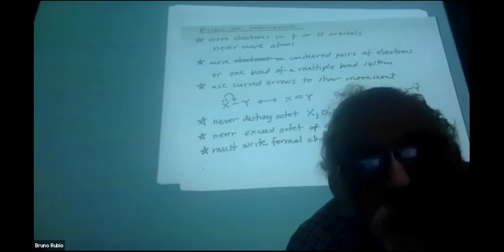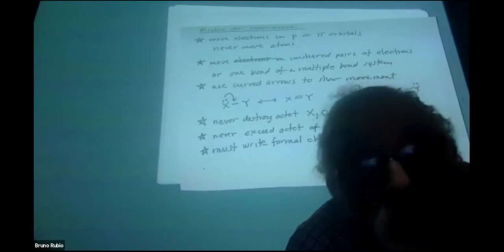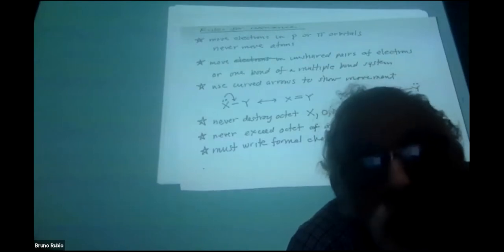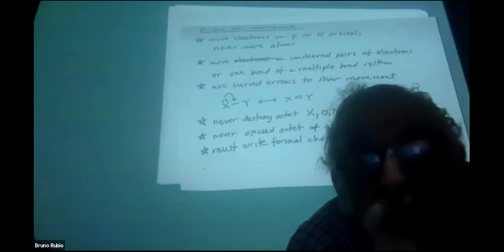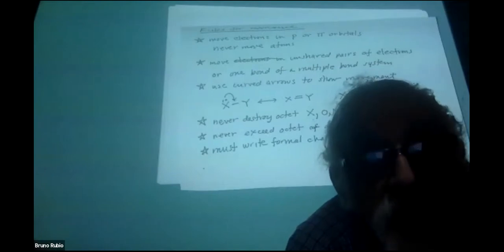Because if I had a carbon-oxygen double bond, it would be okay to give the electrons to oxygen. But if it's a carbon-carbon double bond, it's not okay to split those bonds up because the electrons are put into antibonding orbitals, if that's the only thing we do.